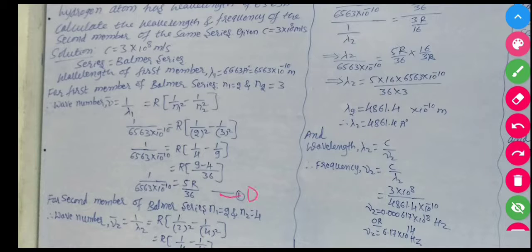After simplification you got 5R by 36. Call this equation number 1.